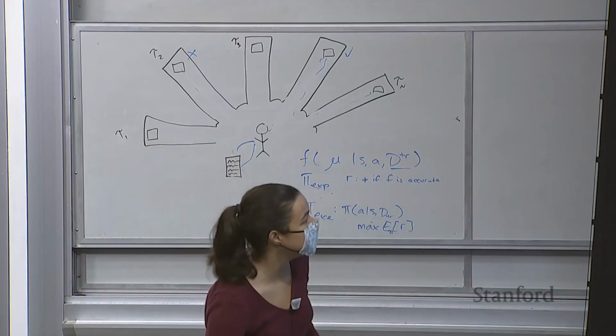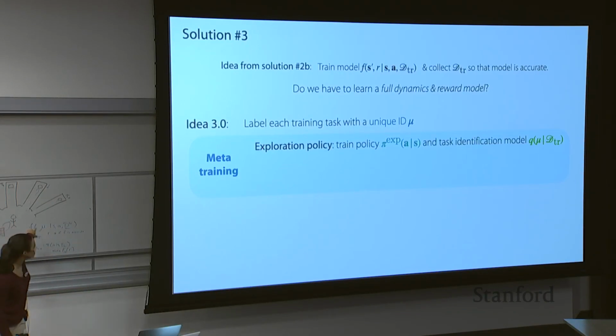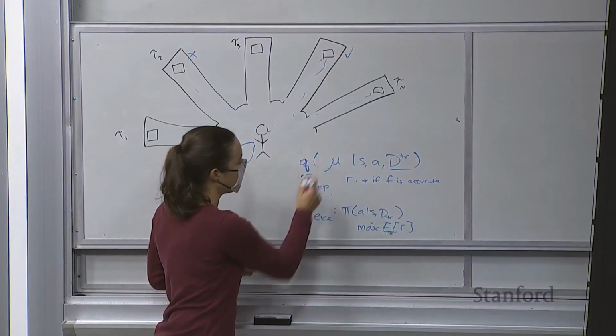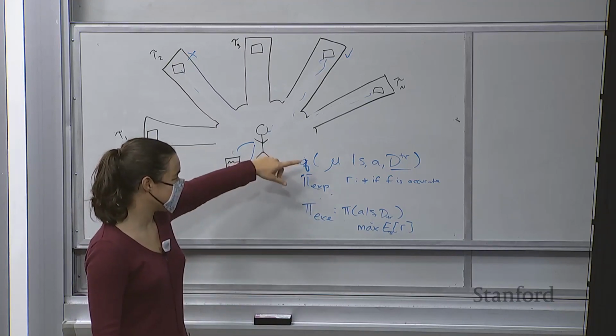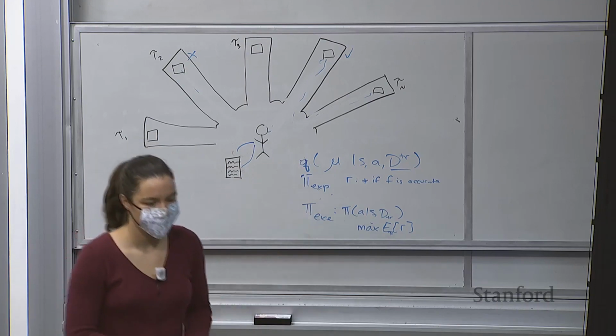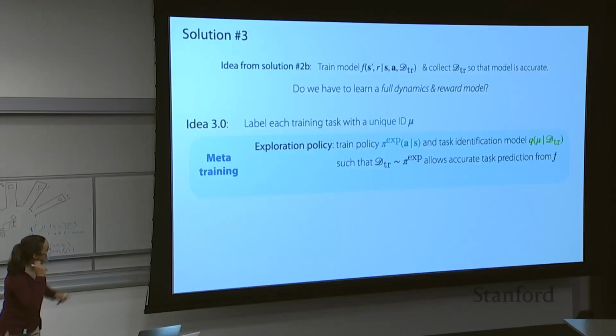Concretely, we're going to train this task identification model. I named it Q. And also train an exploration policy that tries to explore if Q is accurate. The exploration policy is trained such that when you sample data from it, you're able to accurately predict the task.